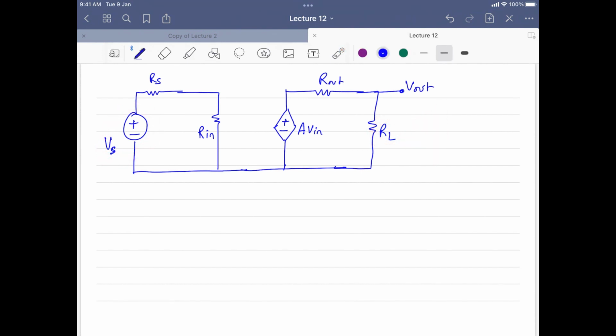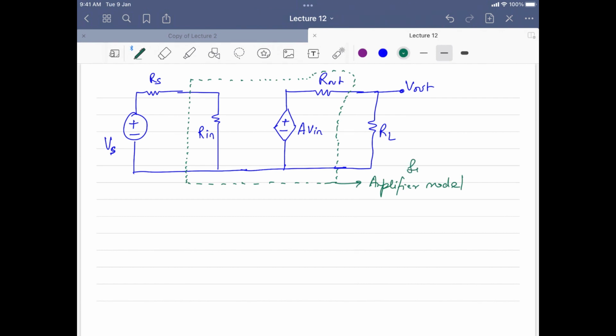What we are trying to do is understand the properties of the amplifier, what an amplifier should be like. The green box I am drawing is basically the simplistic amplifier model.